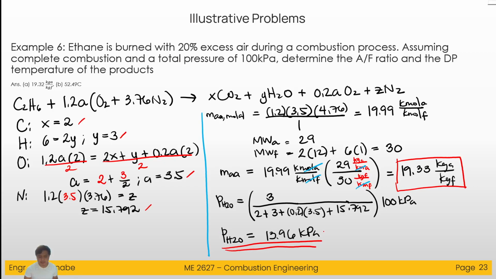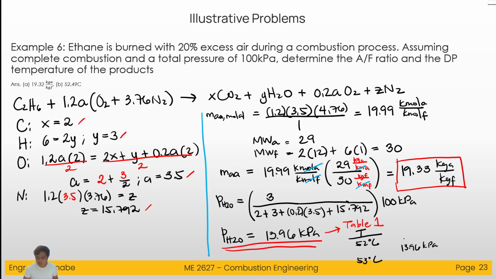You can find the final answer using Table 1 of your steam table, the first page, and you have to interpolate in between. So around 52 degrees and 53 degrees Celsius will be 13.96 kPa.